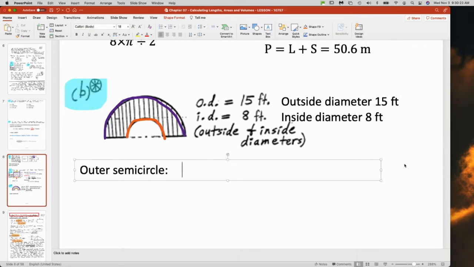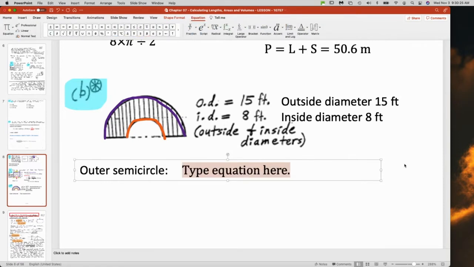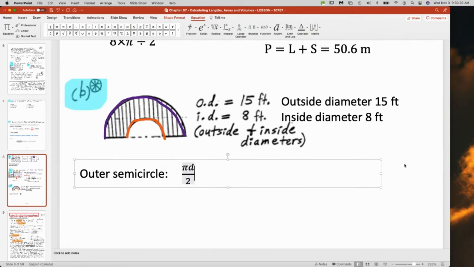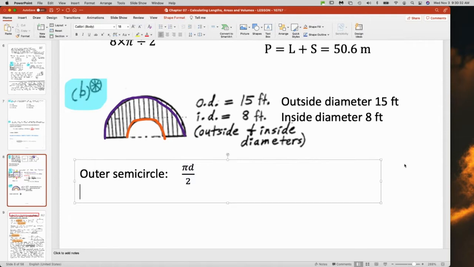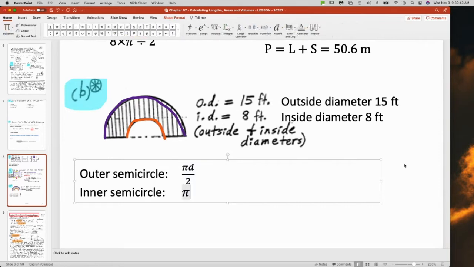Just be creative with what you write. The outer semicircle is pi d over 2, and the inner semicircle is also pi d over 2.